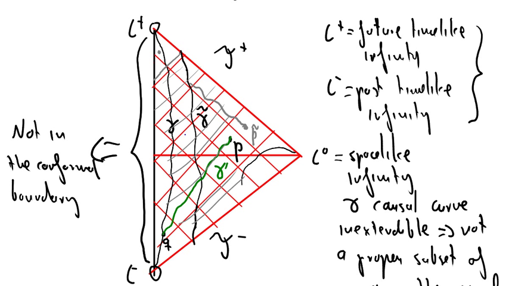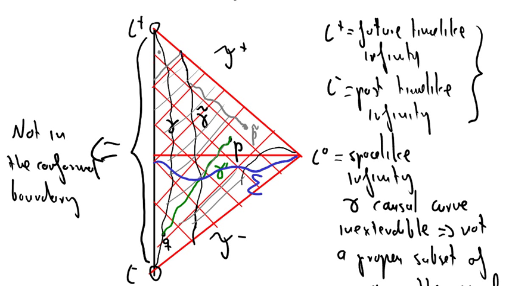I draw a space-like hypersurface sigma here. Suppose that I consider just this space-like hypersurface. Then, just by looking at the diagram, it's easy to see that any inextendable causal curve, no matter where its endpoints are, will always have to meet sigma.